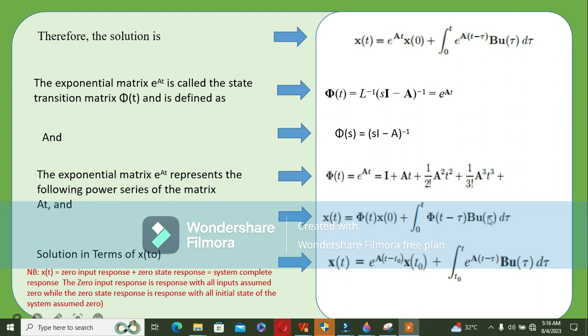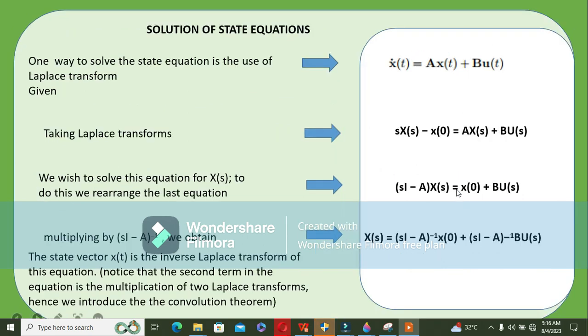That is to say, if you have u of t, you deal with it as u of tau, then do the solution. Or you can just go in this form, then get this component and this component, all in frequency domain. Then you do the inverse Laplace transform to time domain, and that will give you your solution.